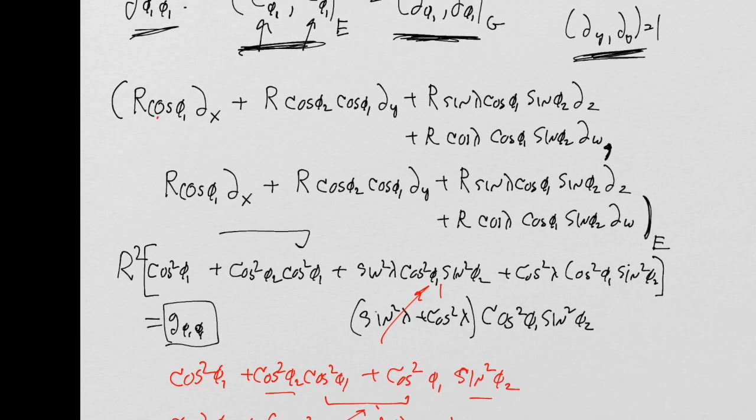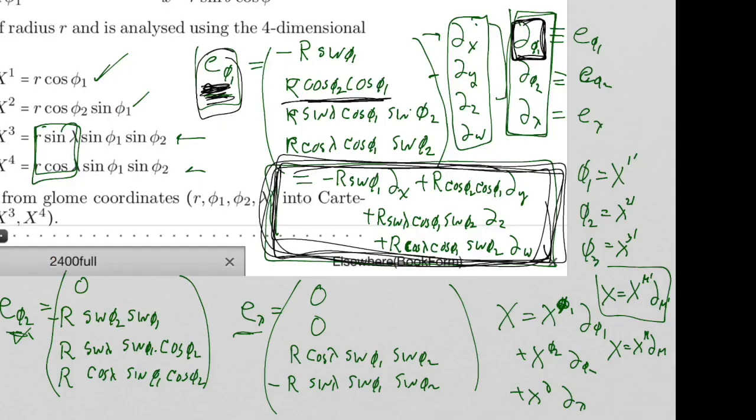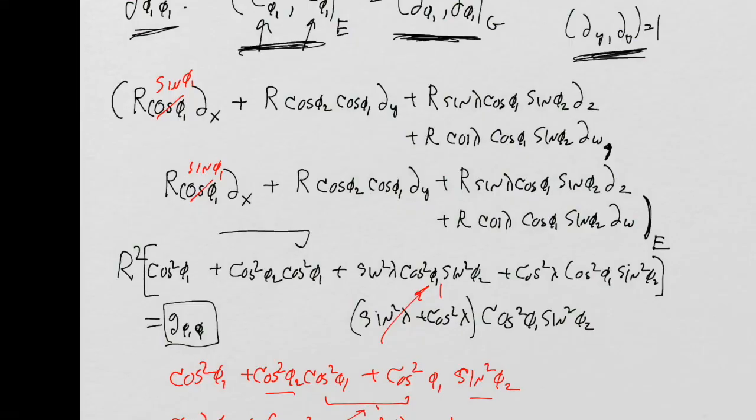The reason is because here that should have been a sine phi 1. That should have been a sine phi 1, right? If I go back to my definition of E1, I see it's minus r sine phi 1, not cosine phi 1.